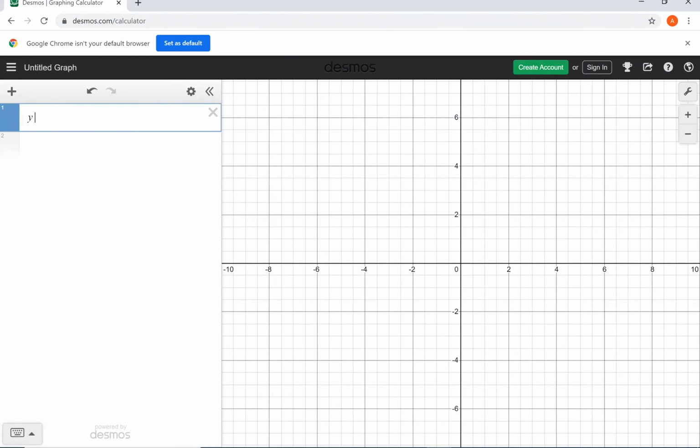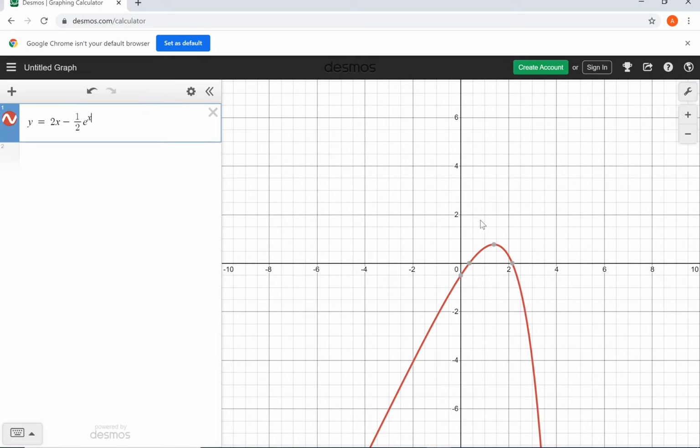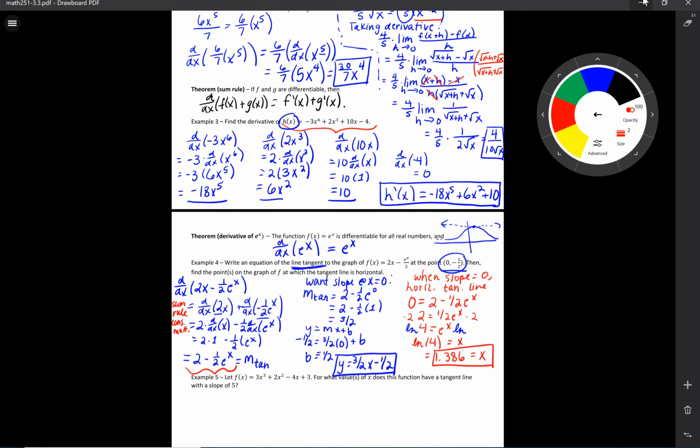We have y equals 2x minus 1/2 e to the power of x. So I see here that at this point, 1.386, this is my max. Here I have a local max. So if I were to draw my tangent line, it would have a slope of 0.